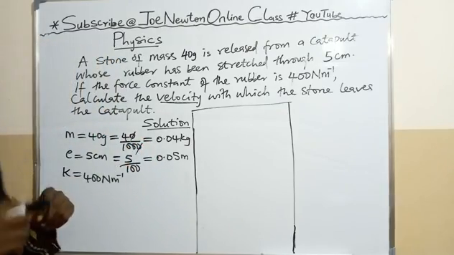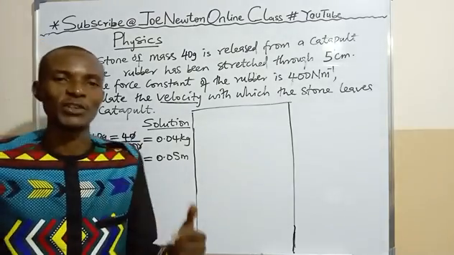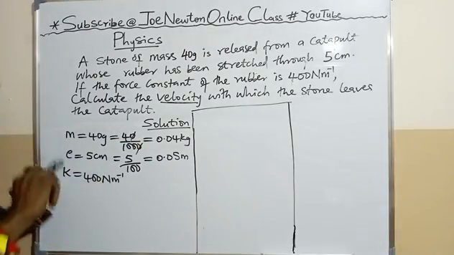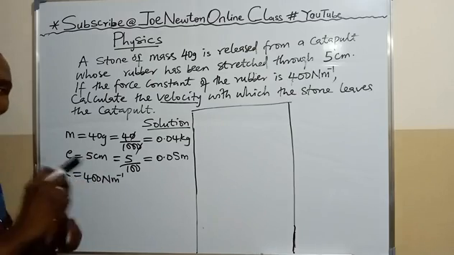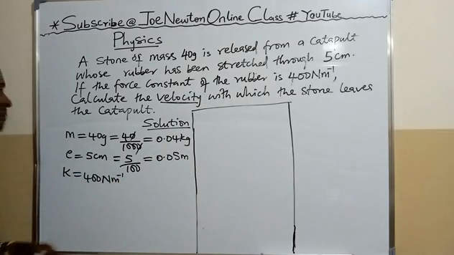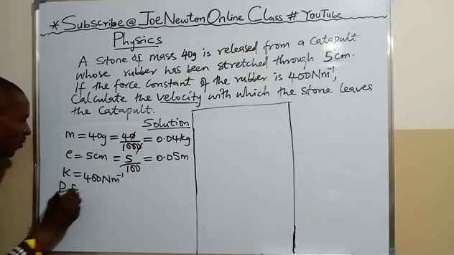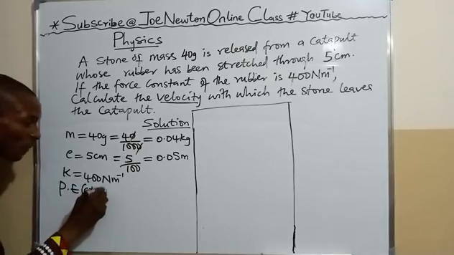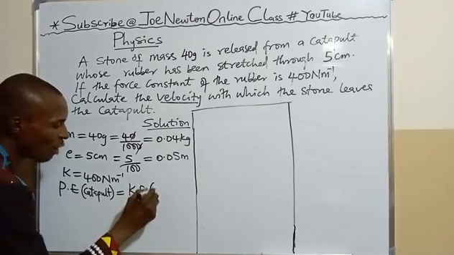In releasing a stone from a catapult, there is energy transformation or energy conversion. The elastic potential energy of the catapult is transformed into the kinetic energy of the stone with which it leaves the catapult in motion. That now becomes: PE of the catapult, which is rubber, equals KE of stone.